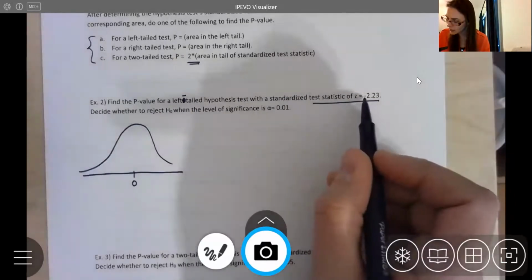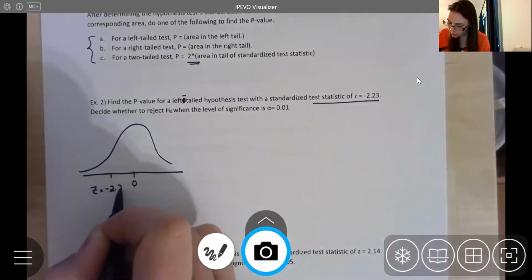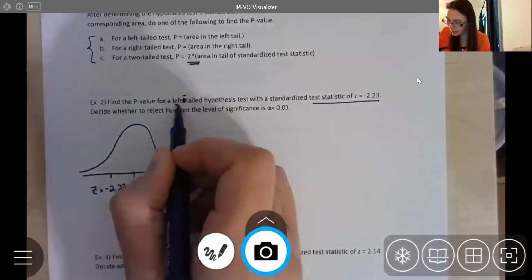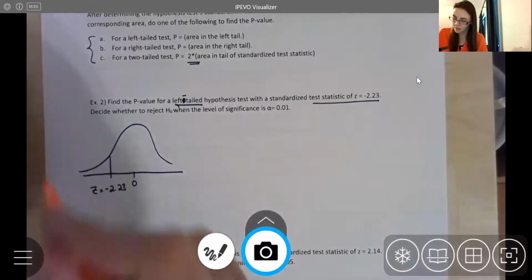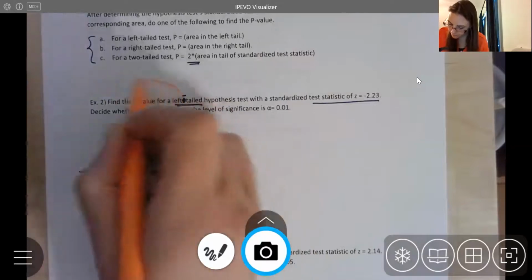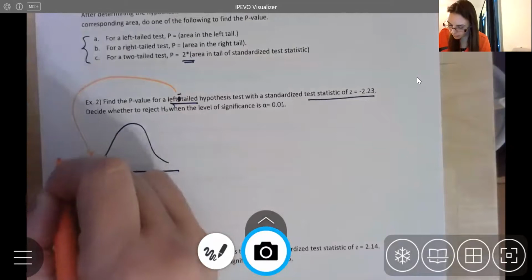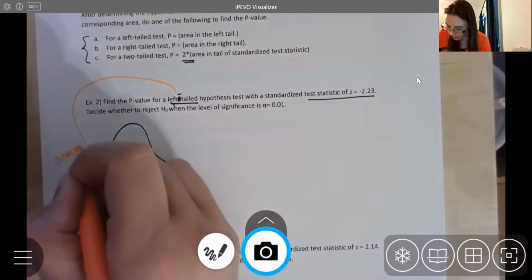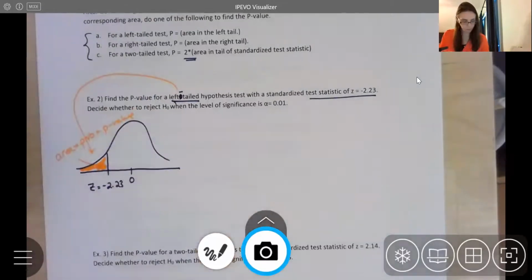And I'm using a z value of negative 2.23, so it's going to be somewhere on the left. And I'm using a left-tailed test, so my shading is on the left. This area here is equal to your probability, which is equal to your p-value.